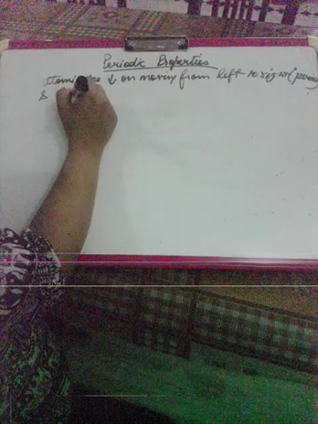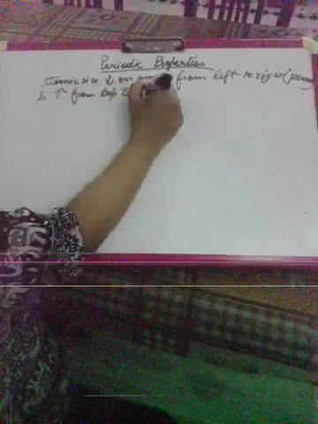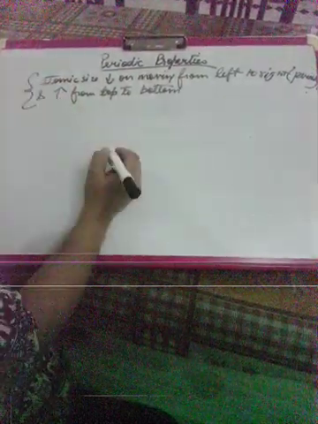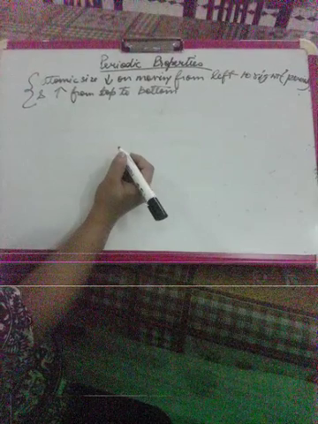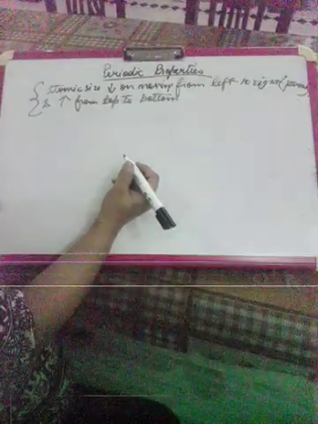While moving in a period it decreases, and it increases from top to bottom. This is the general expectation. So why does it happen?